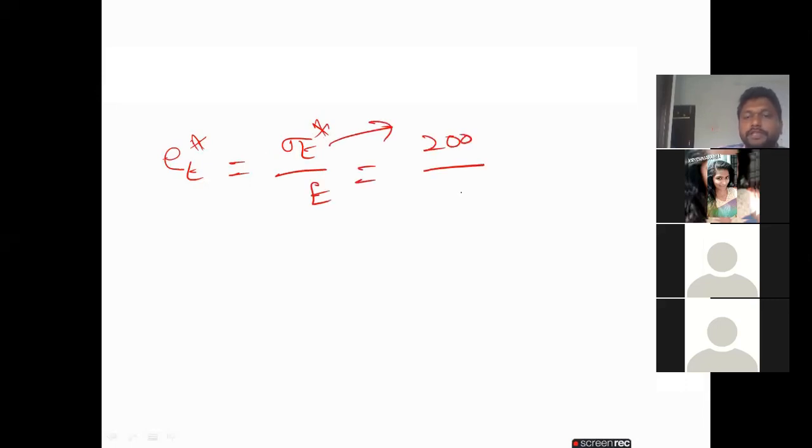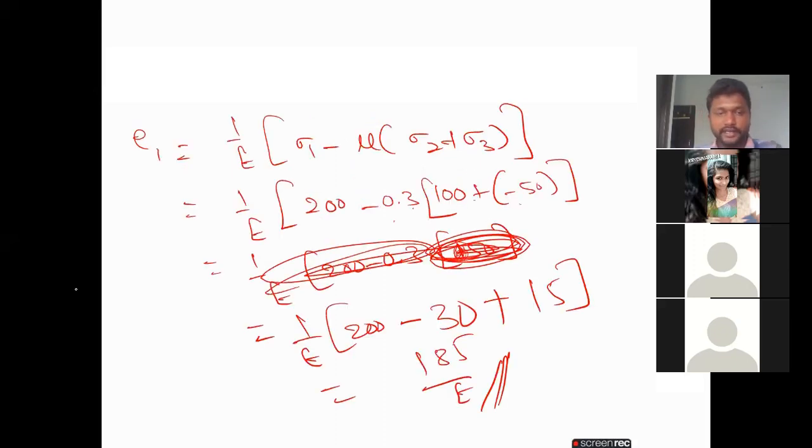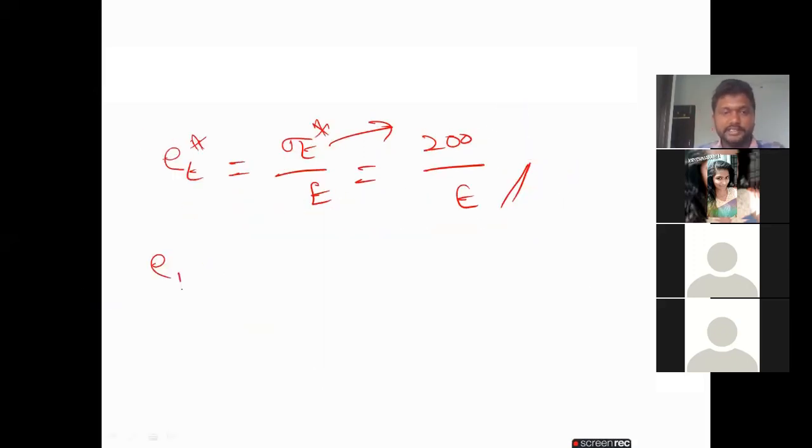Next, the strain due to stress, that is E t star equals sigma t star by E. Sigma t star is given in the problem, that is 200 by E. Here the condition is E1 is less than E t star.